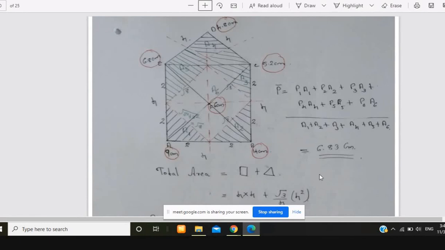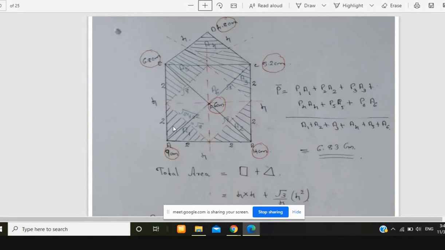For this A6, you have another method to find out the value. We get the total area of this big square, that is 4 into 4, 16. Then we know the value of this area, that is 2 kilometer square, and such 4 parts are there.